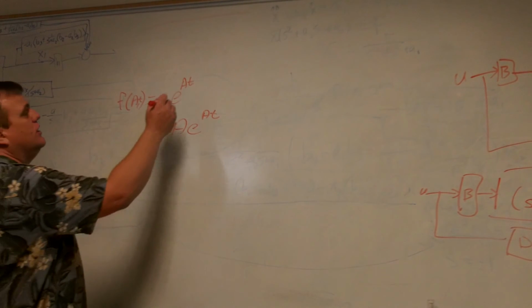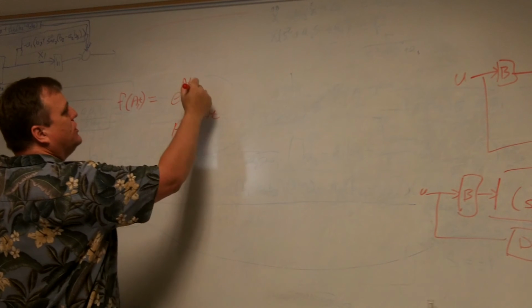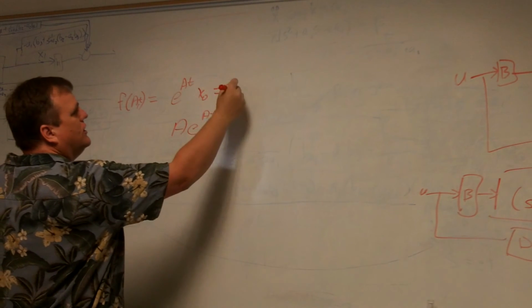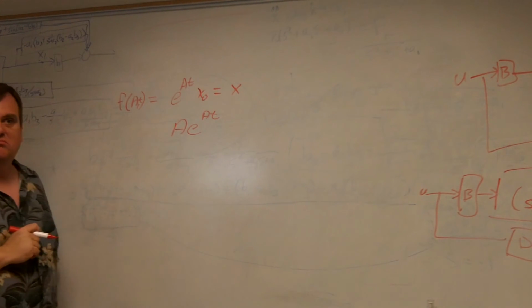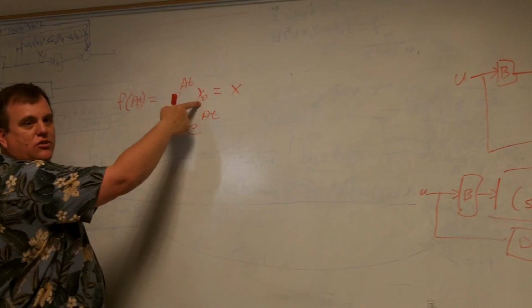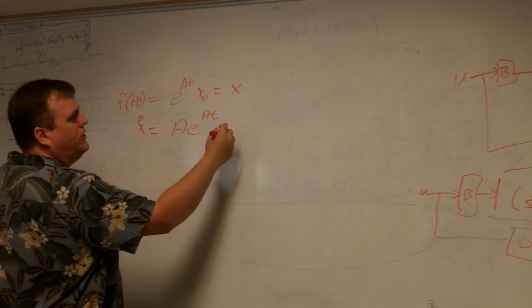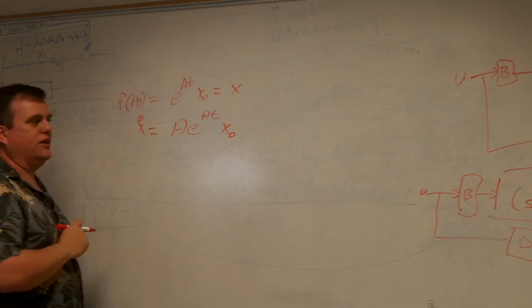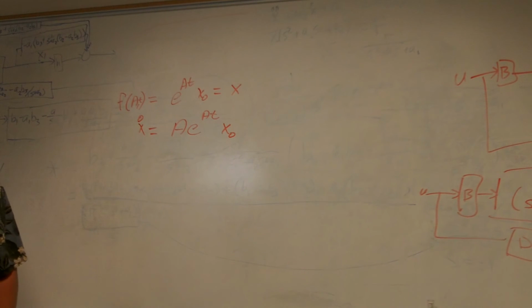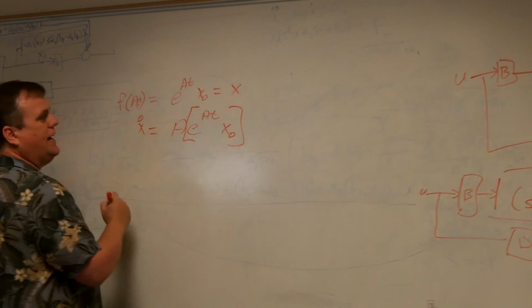So imagine this times some initial condition. Let's say I call this some x. Its derivative, that's just a constant. The derivative of x would just be this times that initial condition. But this is x.